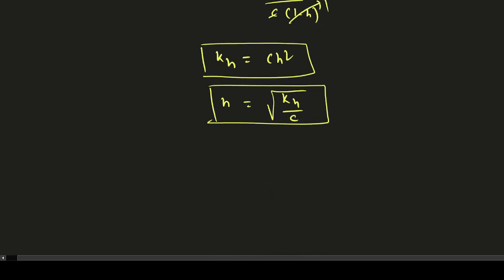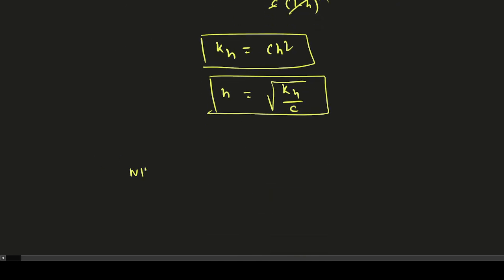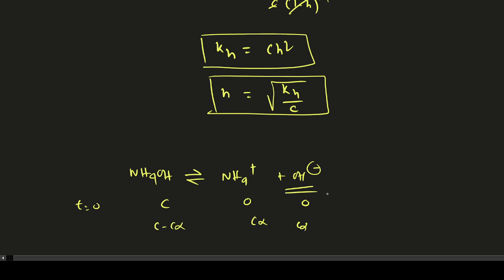Note that our base NH4OH is also there. This is also going to give NH4 plus and OH minus. So let's say at time equal to 0, this is C, 0, 0, then C alpha, then C minus C alpha. So OH minus is also present here, but we will not take OH minus concentration from here.